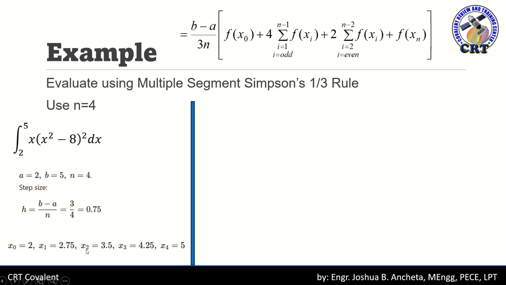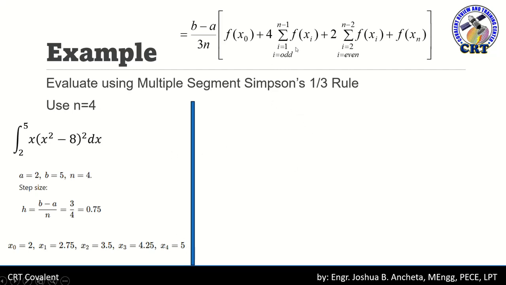Then for x2, another plus 0.75 from x1, therefore x2 equals 3.5. Then plus 0.75, that is our x3, which is 4.25. And for our upper limit, x sub 4 is equivalent to 5.